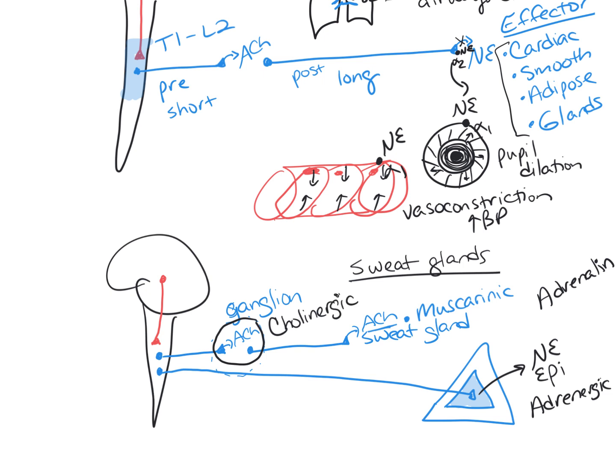And acetylcholine is a cholinergic neurotransmitter. So acetylcholine has choline in it, so that's a cholinergic receptor, whereas norepinephrine and epinephrine, which are adrenaline basically, have adren in their name, so they're adrenergic.